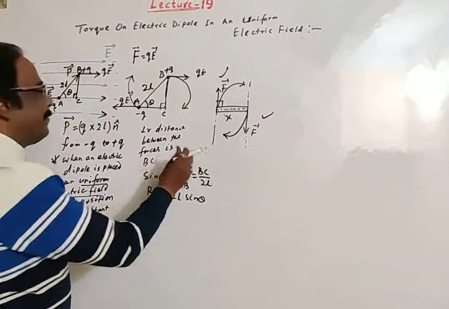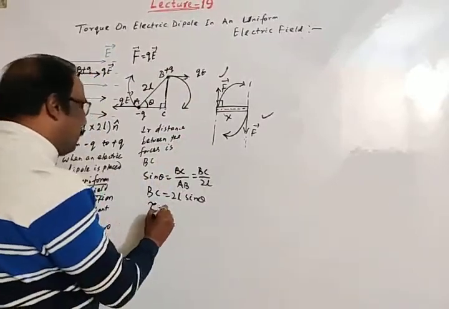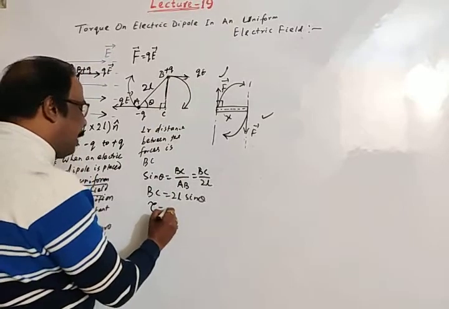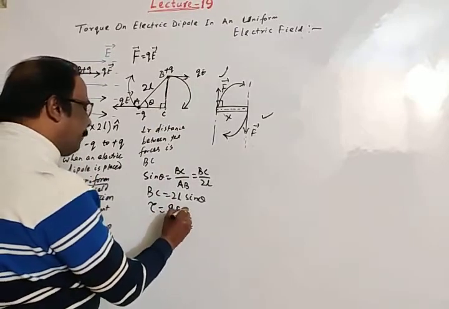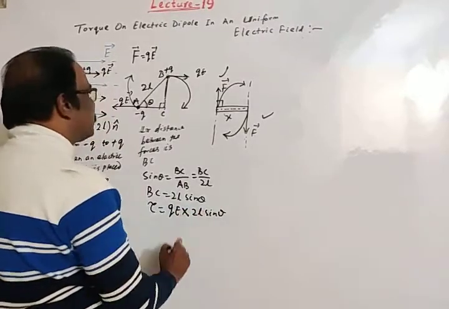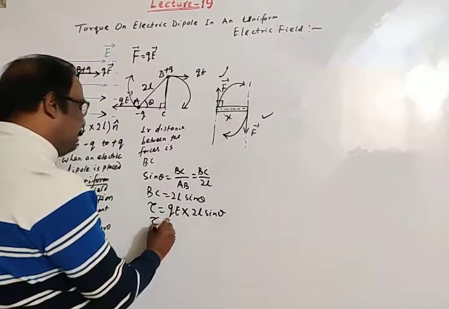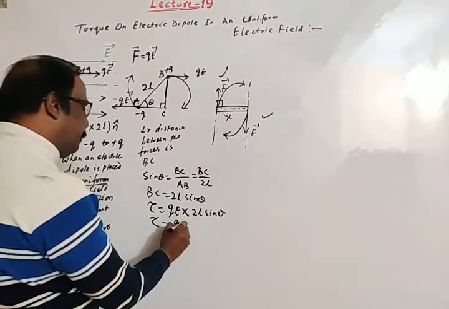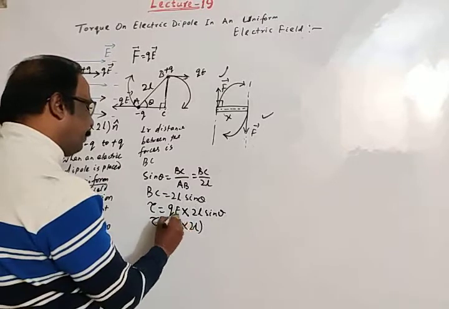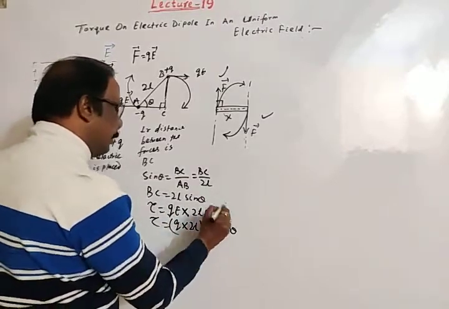Okay, then torque due to couple. Torque due to couple is the force magnitude of one of the forces, QE, and the distance between them, 2L sin theta. Then torque is equal to Q into 2L into E into sin theta.